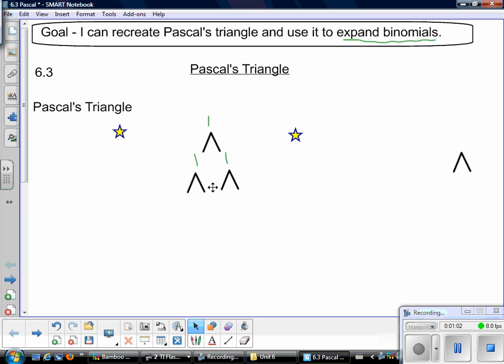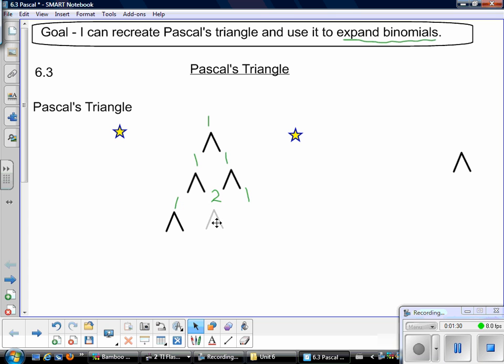So after that 1 and 1, all the way straight down this way, we're going to have another 1. And we get this middle term by adding these other two terms together. In this case, these two terms added together is 2. And then we finish with 1 again. And so then the pattern keeps repeating itself over and over again in that same kind of fashion.